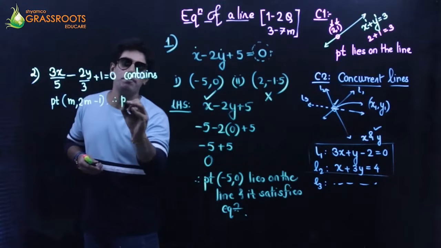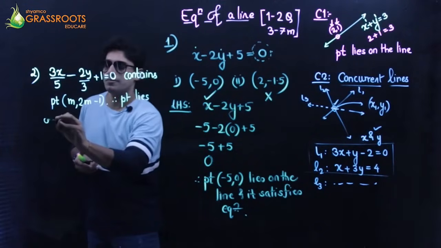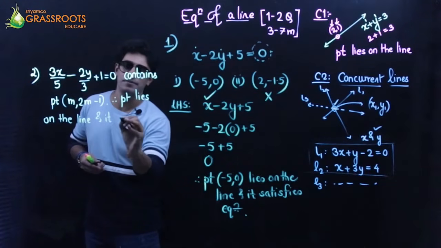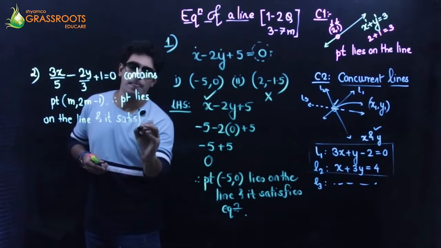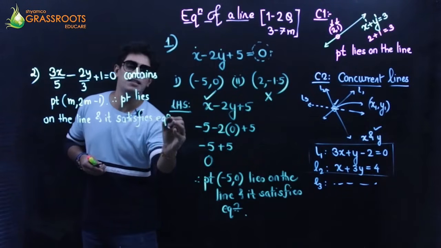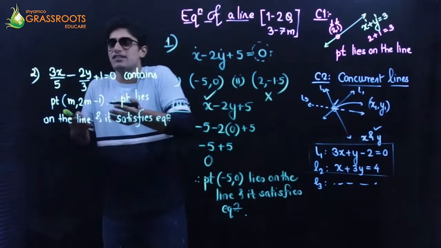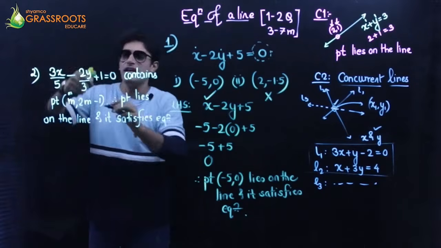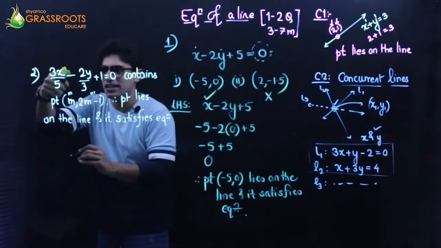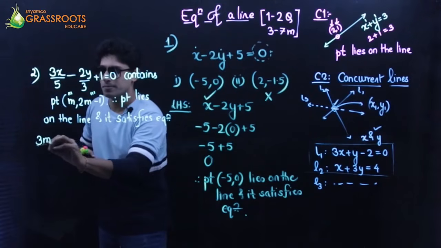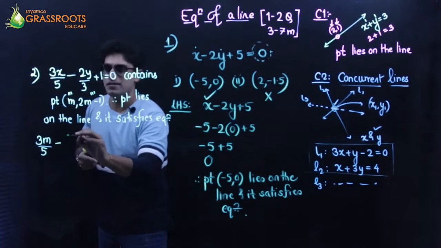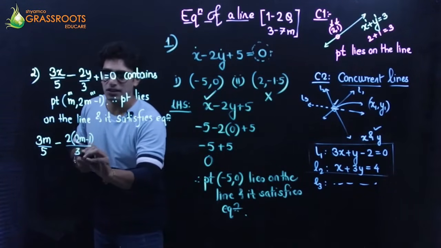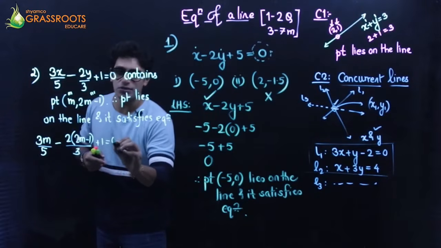So therefore the point lies on the line and it satisfies the equation of the line. That means you substitute, instead of x put m, instead of y put this entire value. So you get 3m upon 5 minus 2 times (2m minus 1) upon 3 plus 1 is equal to 0.